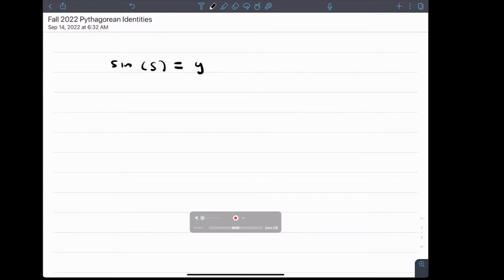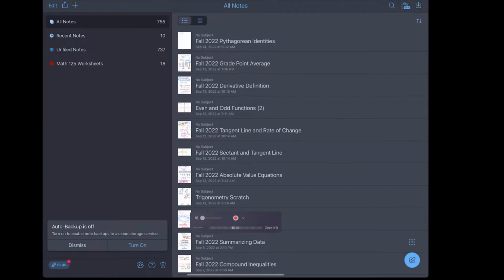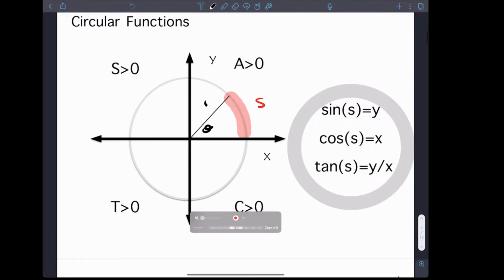Is that right for the circular functions? Cosine of S is what? X. Is that right? And we were working with the unit circle. Okay, so it's back over here. This worksheet here we were looking at that I'm talking to you guys about.